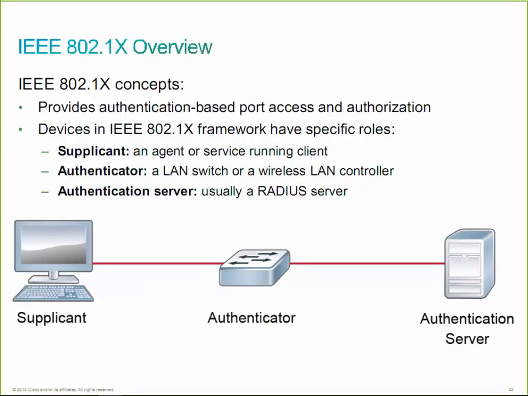IEEE 802.1x is used to provide authentication-based port access control and authorization. In the past, if I wanted to authenticate users to the network, they would connect to the network, they would be placed into a particular VLAN based on my layer 3 control policies, based on port security, whatever it might be.